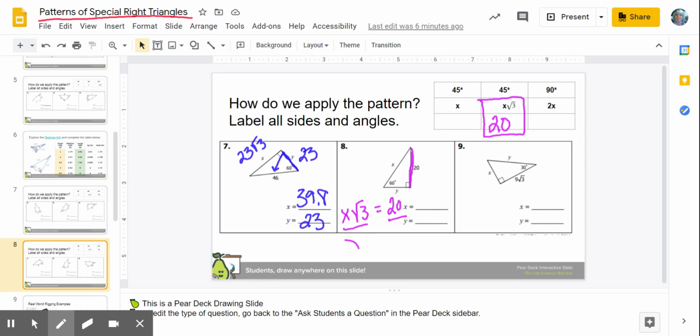Remember, you solve by getting the x by itself. So you're going to divide by the square root of 3. So in the calculator, what is 20 divided by the square root of 3? Excellent. So the y in this case is 11.5. So what's my hypotenuse?